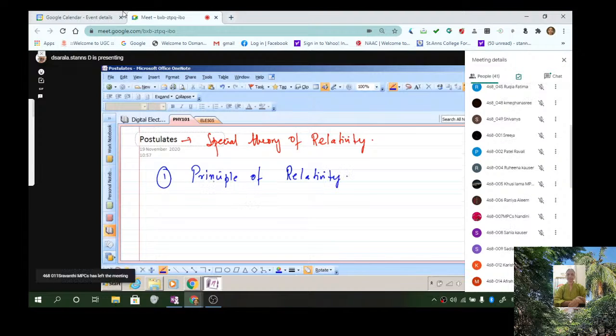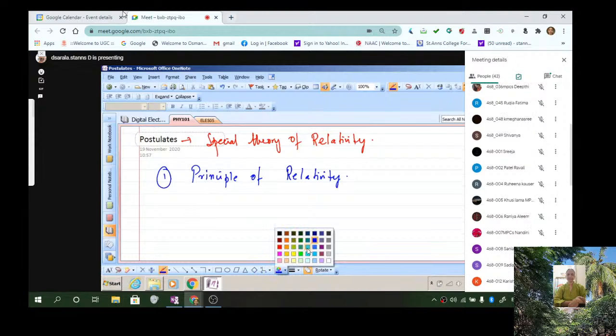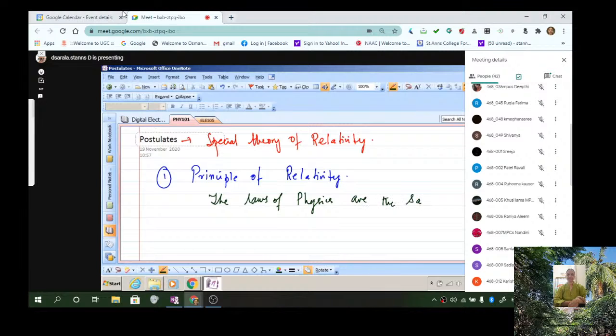What does it say? That the laws of physics are the same. That is important. Laws of physics are the same in all reference frames.